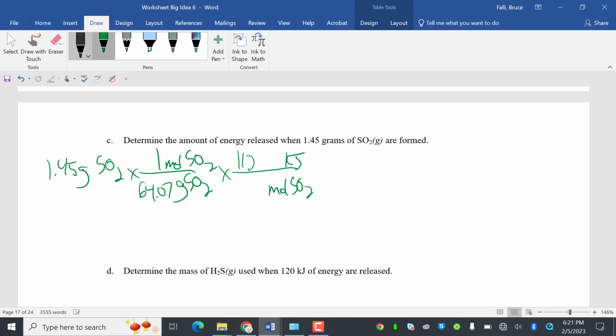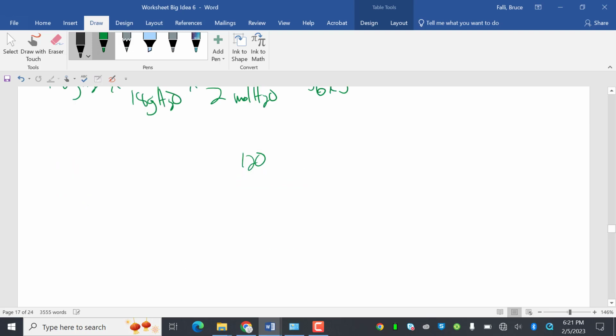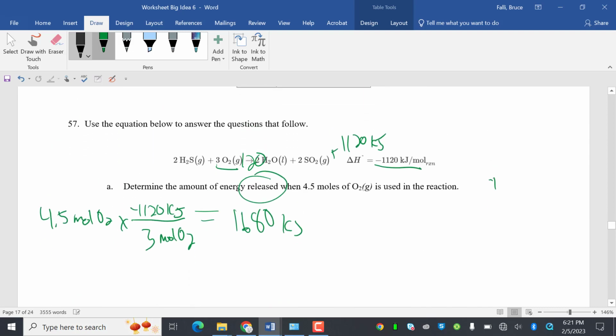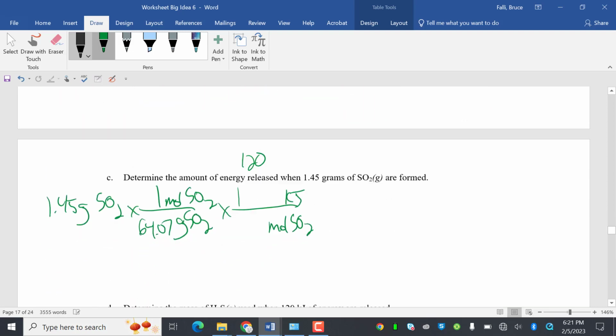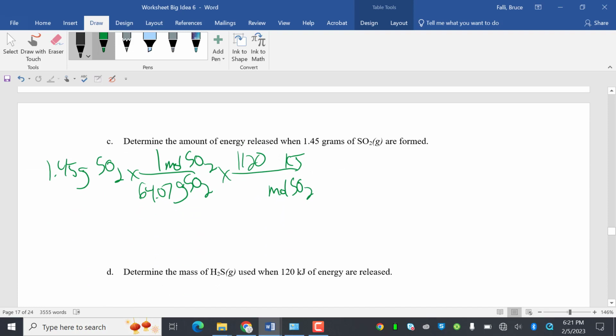So still 1120, and my moles of SO2 would be 2. That equals 1.45 divided by 64.07 times 1120 divided by 2, which equals 12.7 kilojoules.